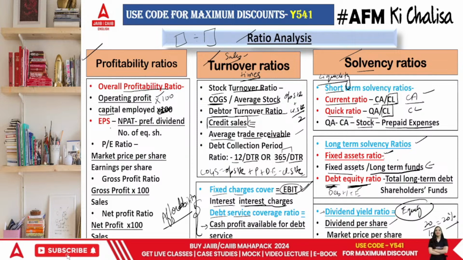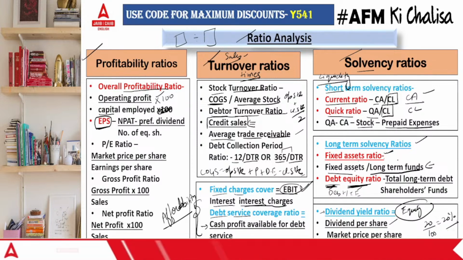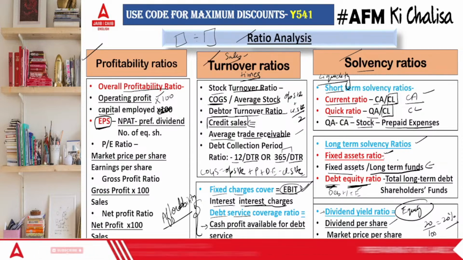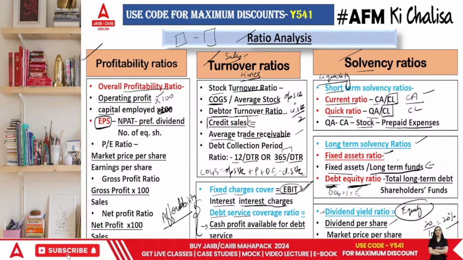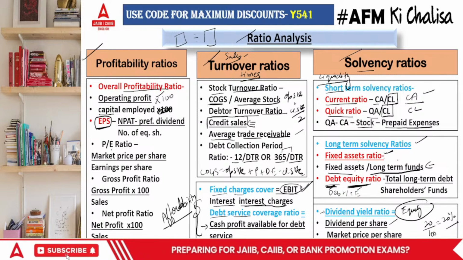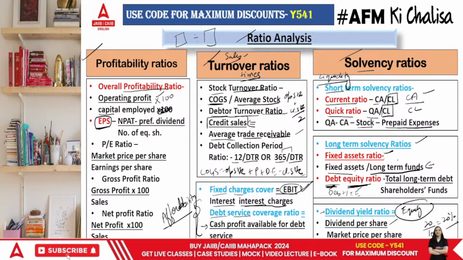Okay? Then comes earning per share. Earning per share is based upon the earnings which are made by equity shares. Whatever profit they get minus the preference dividend, meaning preference gets money before them.